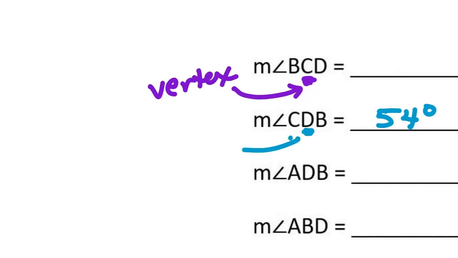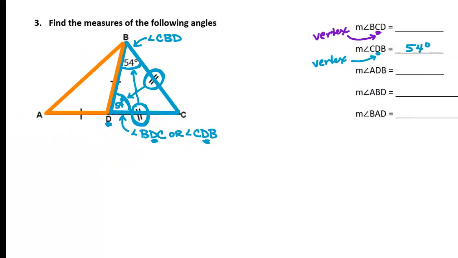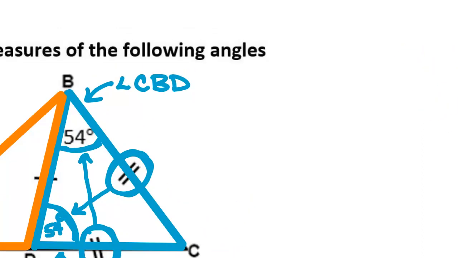How are we going to find that angle? What about angle A? I don't necessarily know that it's congruent to angle A. I can use my triangle sum theorem to find that.